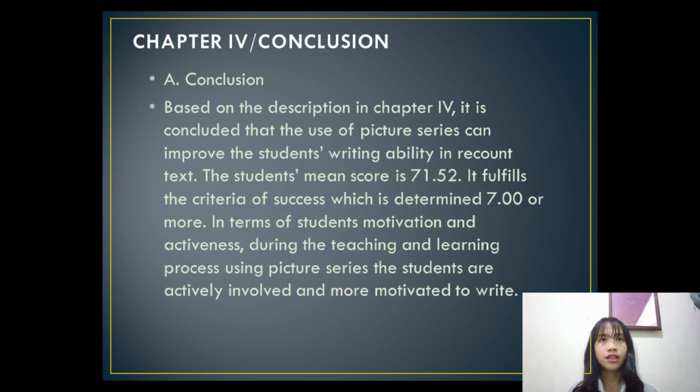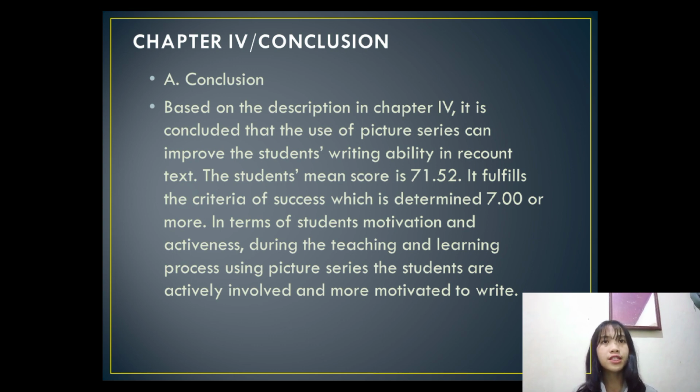Chapter 4. Conclusion. Based on the description in the previous chapter, it is concluded that the use of picture series can improve the students' writing ability in recount. The students' mean score is 71.52.